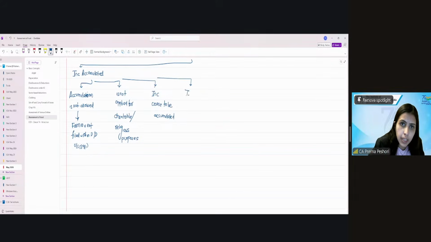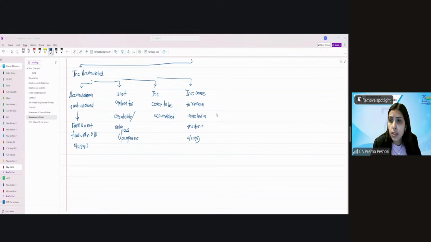Or income ceases to remain invested. Or income is not utilized for the specified purposes within the time.